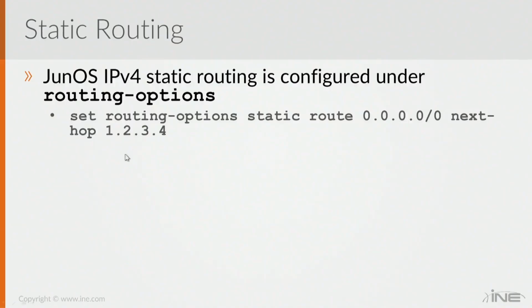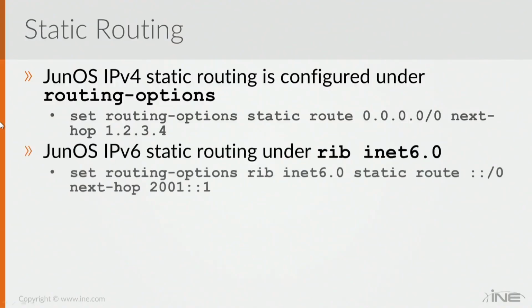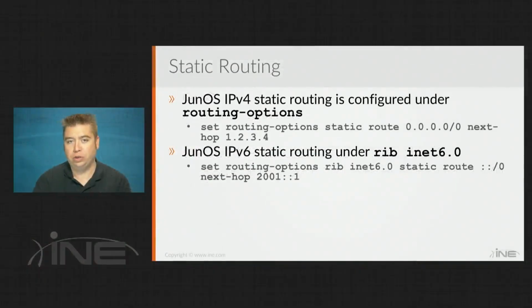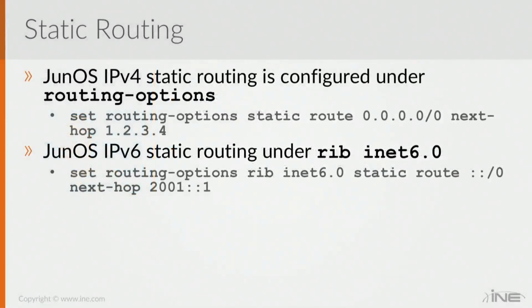Now, in terms of IPv6 static routing, this is also under routing-options, but it's going to be under the RIB, the routing information base, inet6.0. When we set routing-options static route, that's talking about inet.0, which is the regular global unicast IPv4 routing table. So if we want to do static routing for v6, it's similar in syntax, but we need to make sure to add this keyword here, which is rib inet6.0.